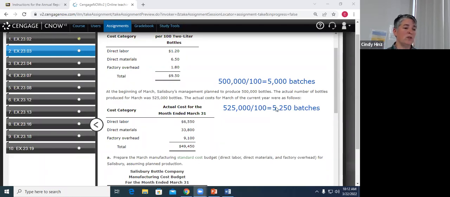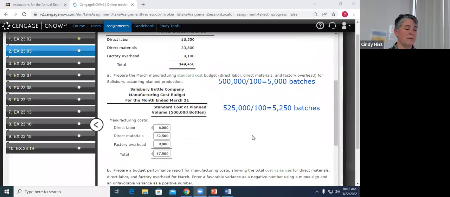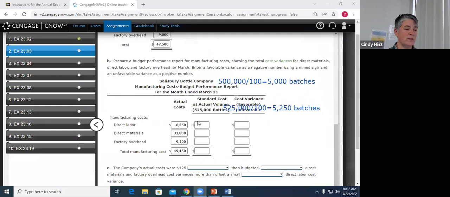And we're simply going to, for each one of these categories, components of the product cost, take the 5,250 batches we actually produced and multiply by the standard cost per unit. So go ahead and do that.